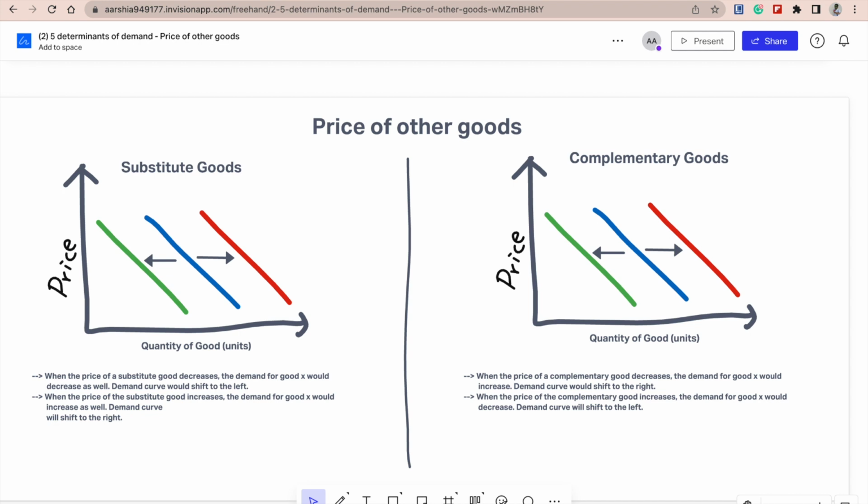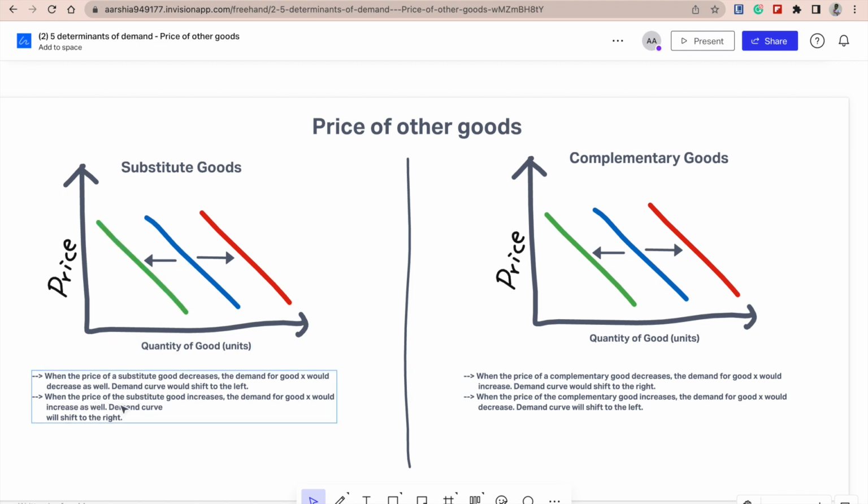Now, this might be a little confusing, but the reason for this is because when the price of apple juice decreases, consumers are likely to want to purchase apple juice simply because compared to the price of milk, apple juice is now cheaper. Therefore, it would be an incentive for the consumers to buy the product. So what this means is that the demand curve for milk would shift to the left because there's a decrease in the demand for milk.